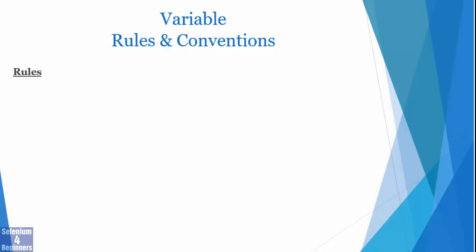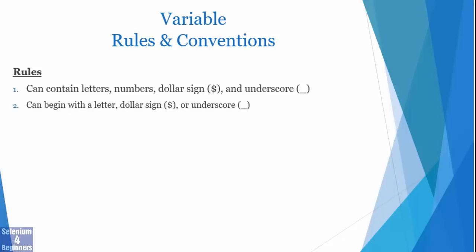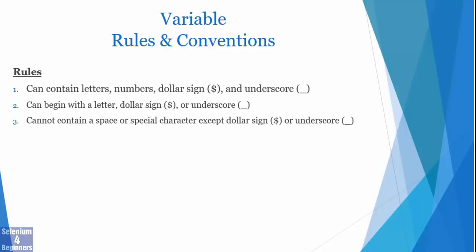Three of the rules are: 1. It can contain letters, numbers, $, and underscore. 2. It can begin with a letter, $, or underscore. 3. It cannot contain a space or special character except $ or underscore.